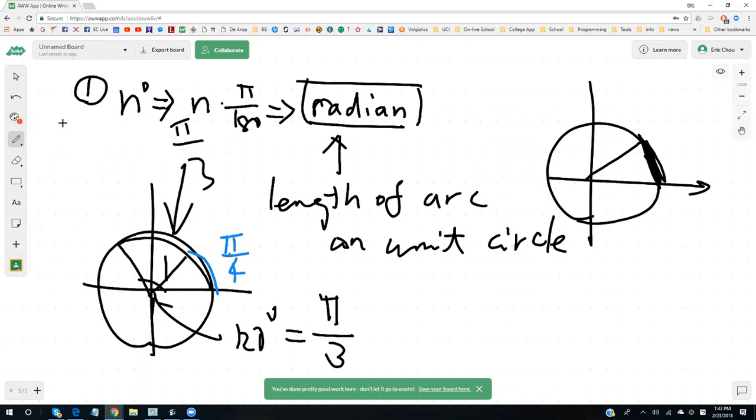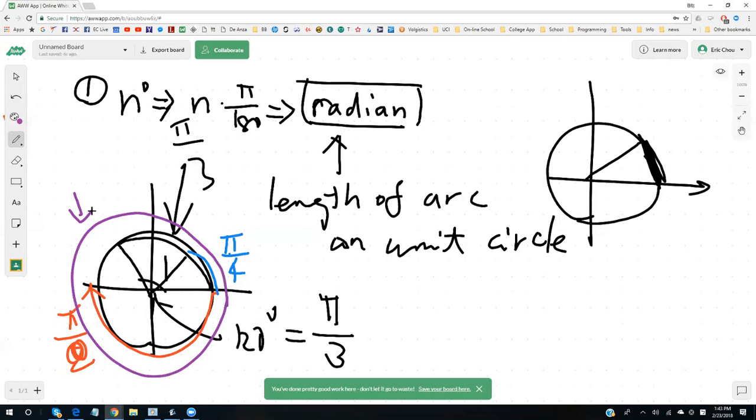If my circle is a half circle, then it is 1 pi. Is that okay? And if my circle is the whole circle, then on the unit circle, my length will be 2 pi.